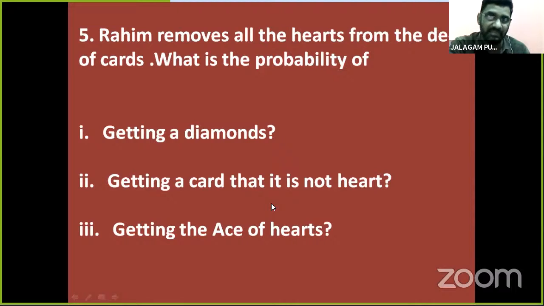So here, Rahim removes all hearts in a deck of cards. How many cards are there in a deck? Totally, we know that 52. Here he removes all the red heart cards. That's why, how many remaining? Yes, 52 minus 13 is equal to 39.